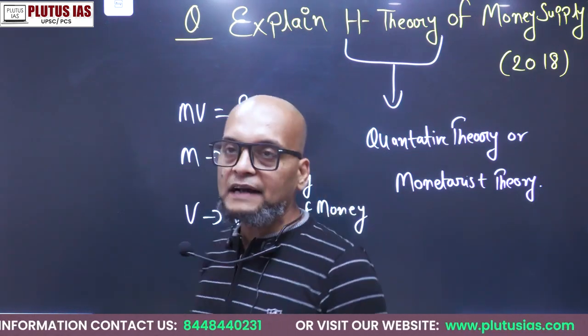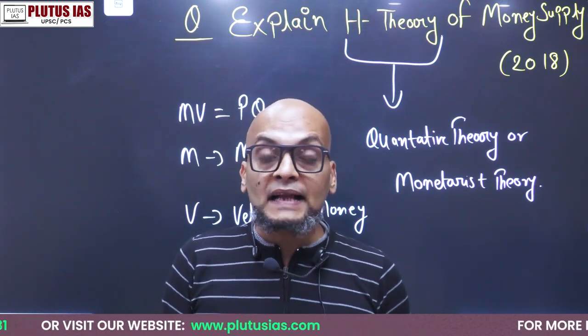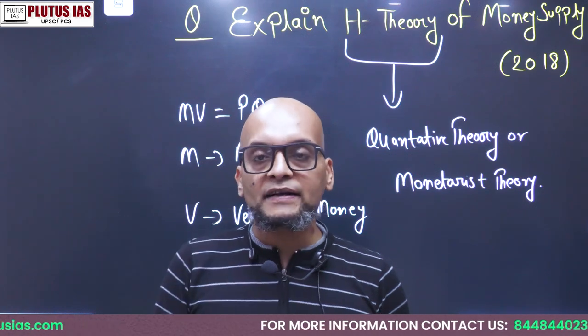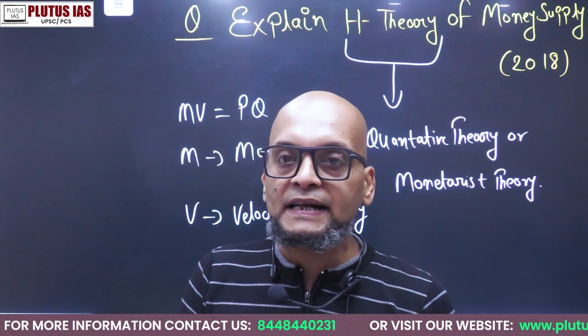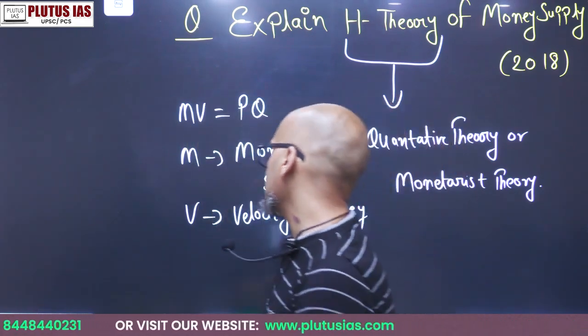When I say velocity of money, what I actually mean is the frequency of spending a unit currency. That means at what frequency people are spending the unit of a currency. That is the velocity of money.